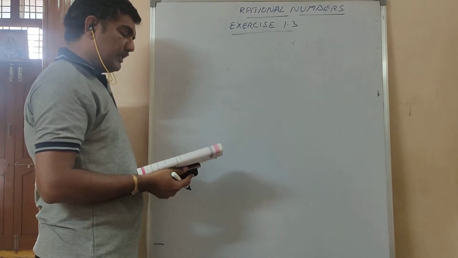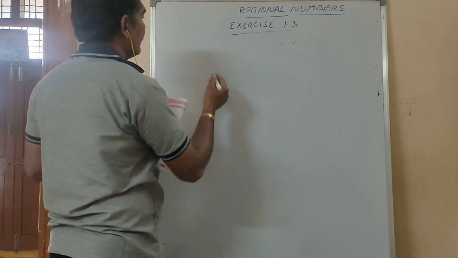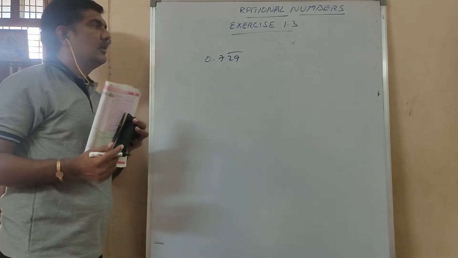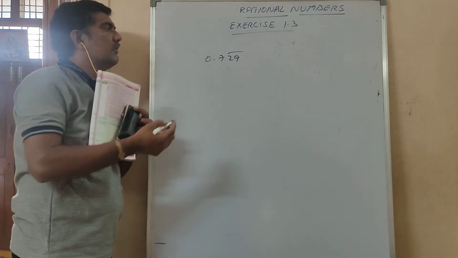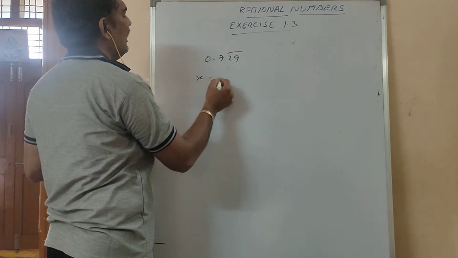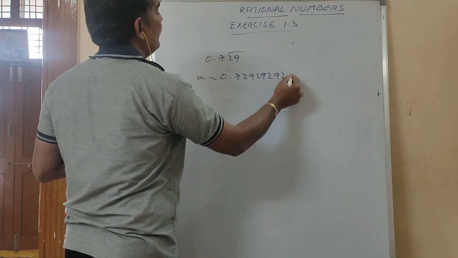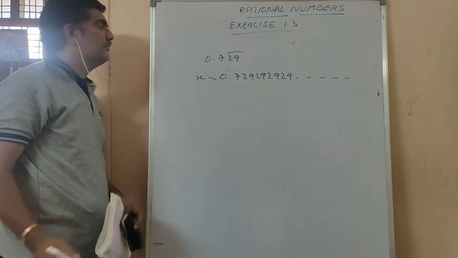The next problem is 0.729 bar. The bar is there for only 2 and 9, not for 7. First remove the bar and write 0.729, 29, 29, 29 etc. This is the x value.